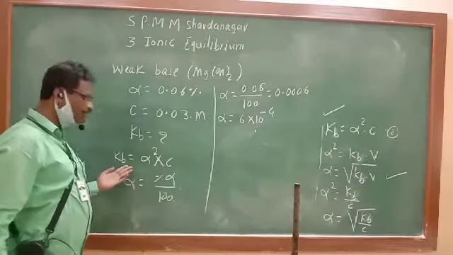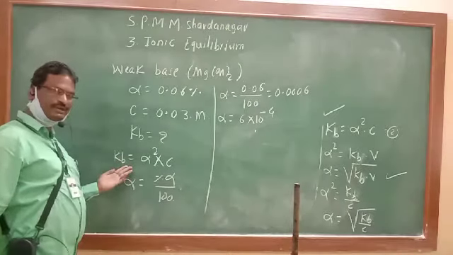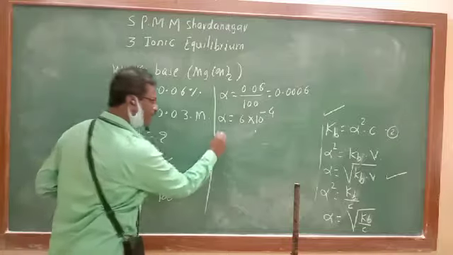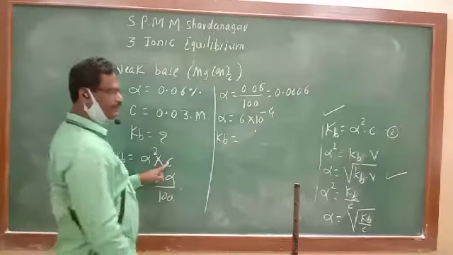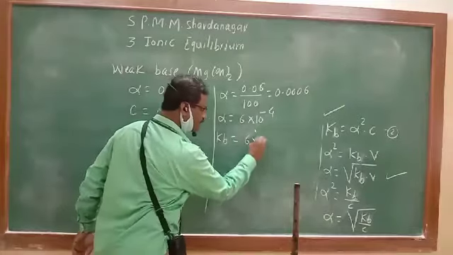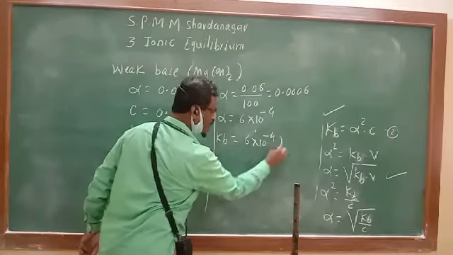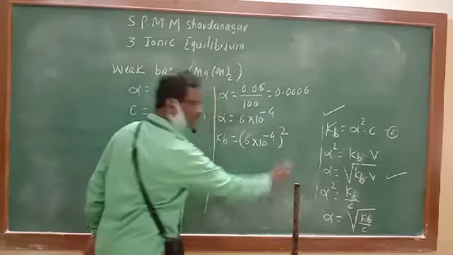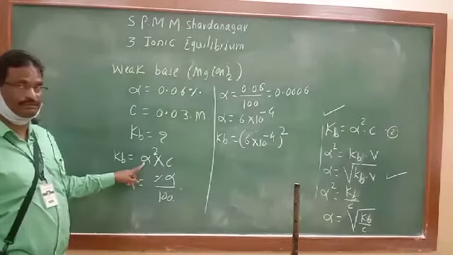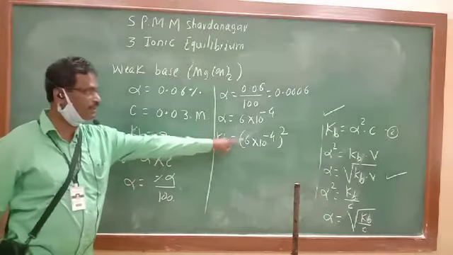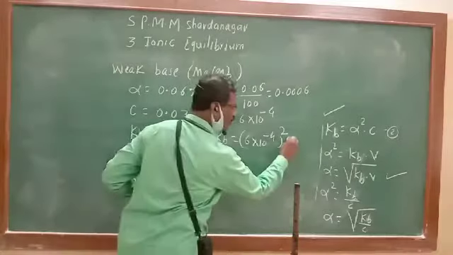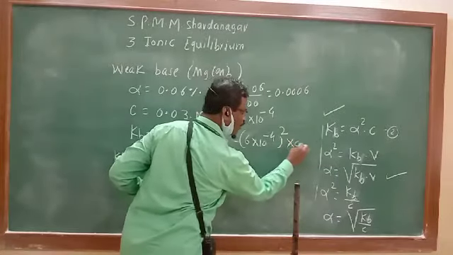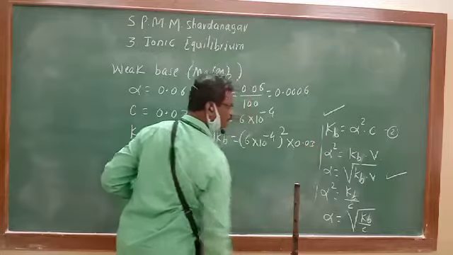Now directly substitute in the equation of Kb. Therefore Kb will be equal to alpha square C. Alpha is 6 into 10 raised to minus 4, squared, into C, that is into concentration, 0.03.